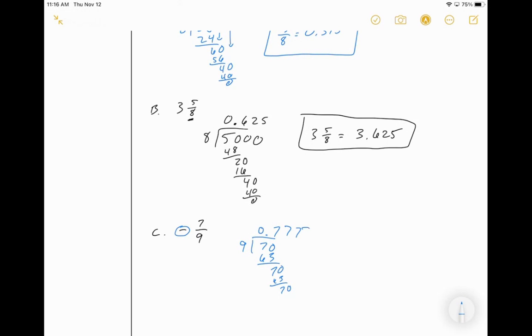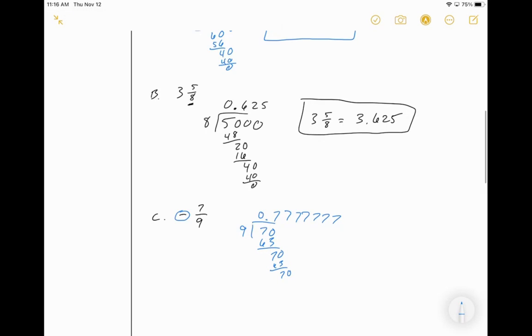If I know that I'm going to just get 7, 7, 7, 7 like that, I'm going to use bar notation. Okay? Bar notation. Yeah? So instead of writing it like this, I'm going to write like that. Negative 7/9 is equal to negative 0.7 repeating.